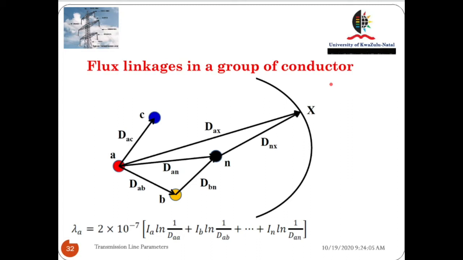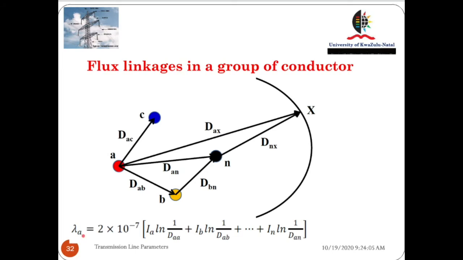We consider the current IA of conductor A itself in the first place, and then we go to the next conductor, B, which is carrying a current of IB. Then we go to the next conductor, carrying a current of IC. The next one is carrying a current of ID. The next one is carrying a current of IE if it is there, and then the last conductor is carrying a current of IN. So that is lambda A for conductor A.